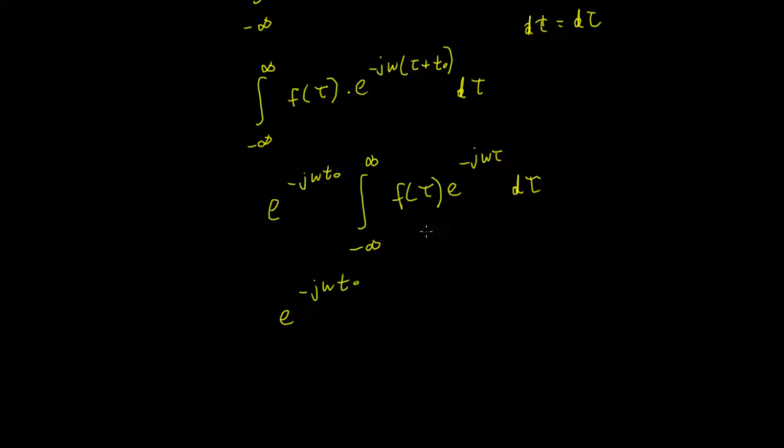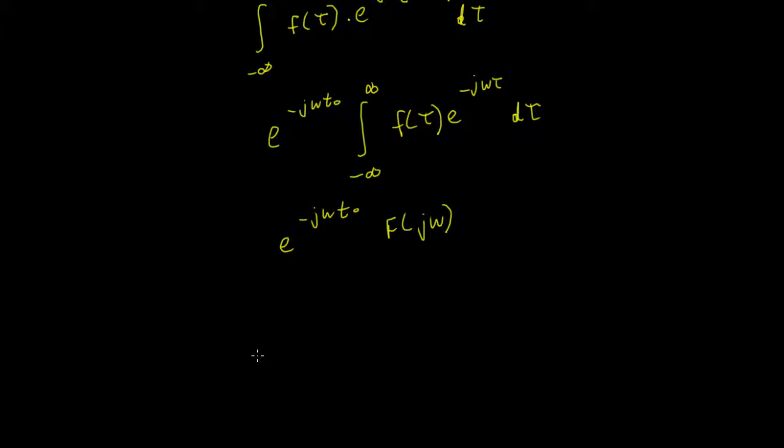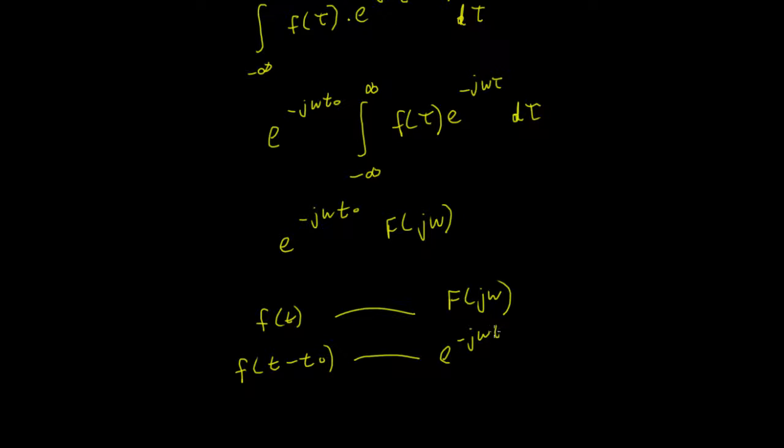Well, this is just the Fourier transform, so we could just rewrite that as F(jω). That means that if we have a function f(t) and its Fourier transform is F(jω), then we can say the Fourier transform of f(t − t₀) is equal to e^(−jωt₀) times F(jω).